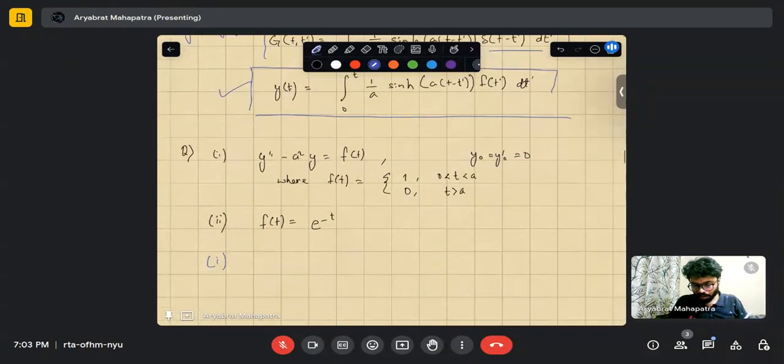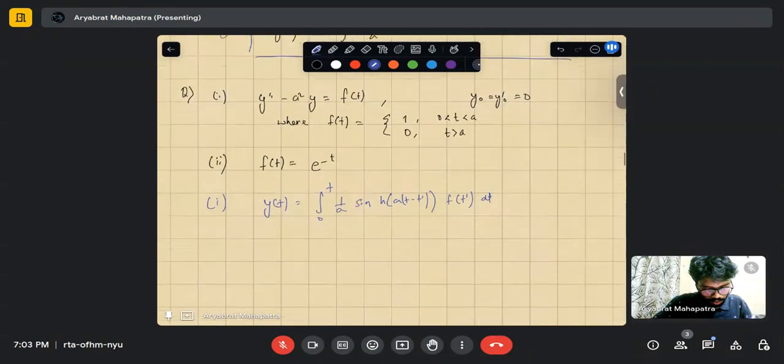So what you have to do is put this thing in your answer. That is y of t equals the integral from 0 to t of sine hyperbolic a (t minus t prime) f of t prime dt prime.